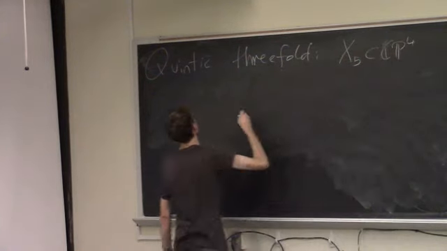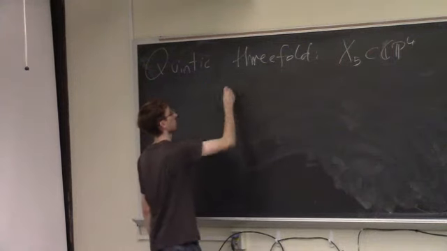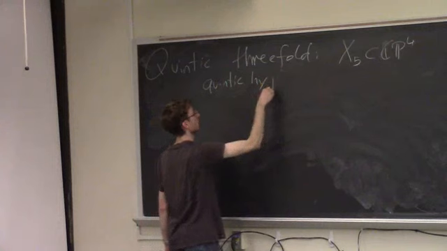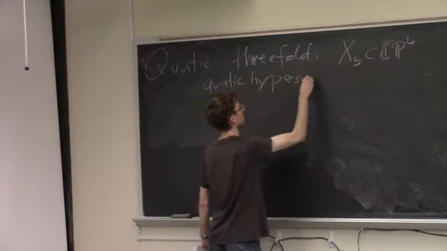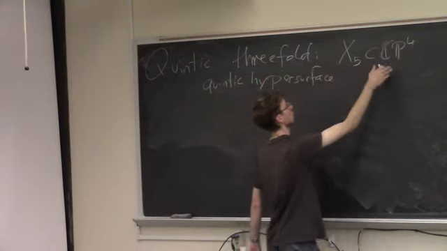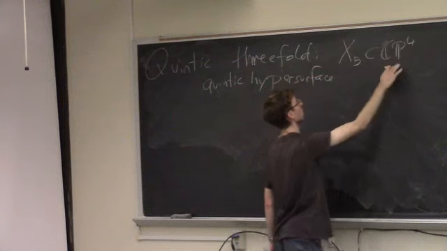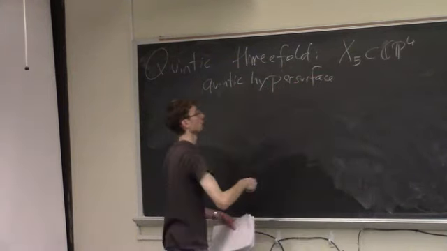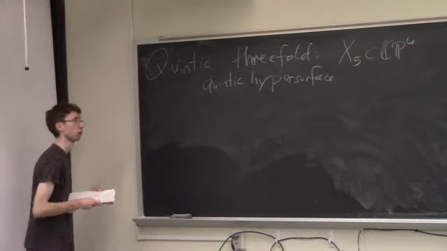So that's just a quintic hypersurface. It's given by a quintic. It's a locus inside complex projective four-space, given by the zero locus of a quintic equation in the variables.